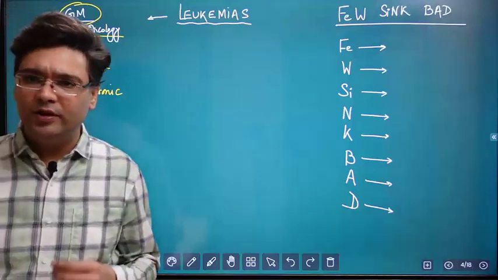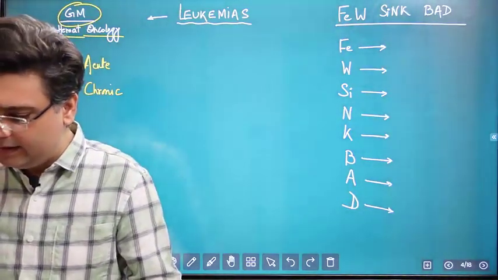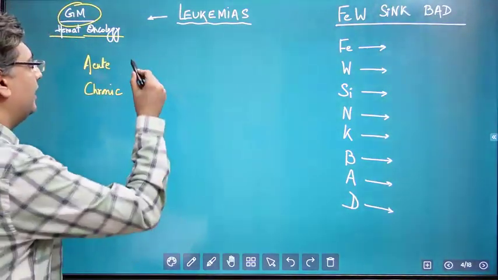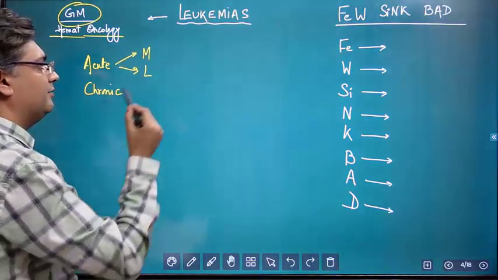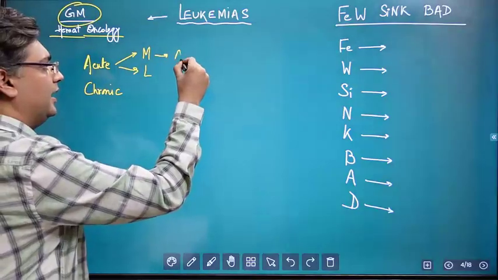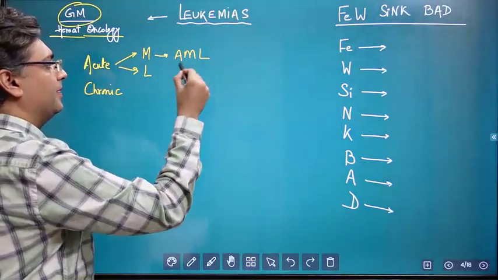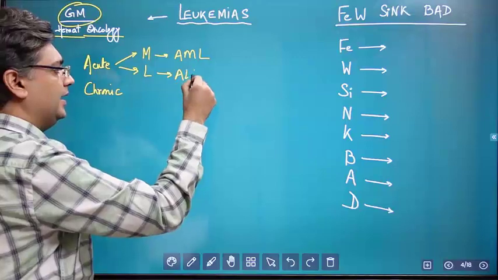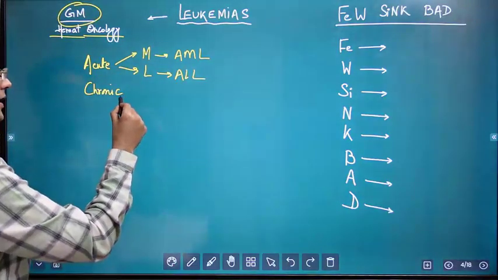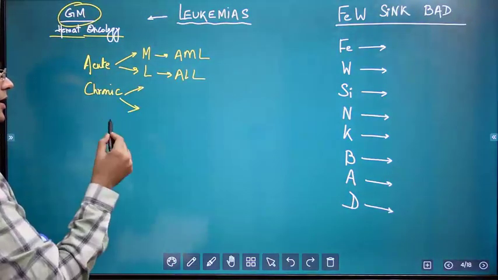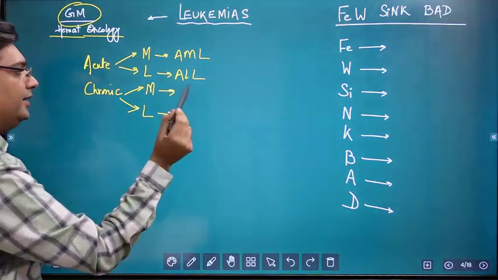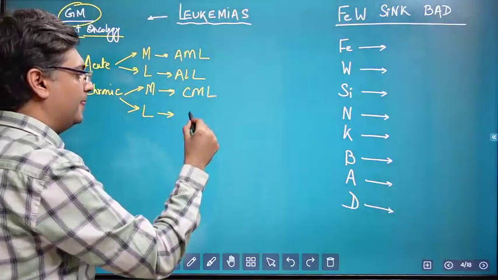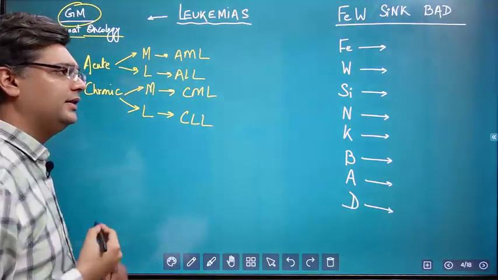Now the acute, depending upon their lineage, can be either myeloid lineage or lymphoid lineage, described as AML, and in the same way we'll have ALL. And then the chronic cases, also according to their cellular lineages, could be myeloid and lymphoid, and this results in CML and CLL.